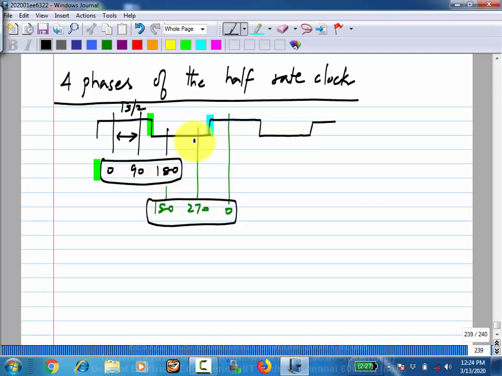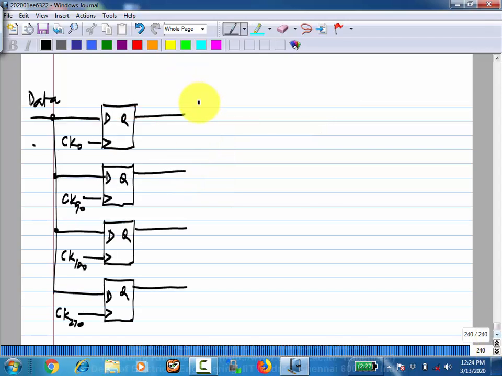Okay. You have to sample again at... This is one way. There may be alternatives, but we'll follow the same thing that we had used.